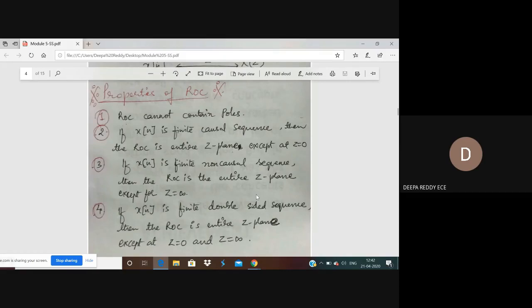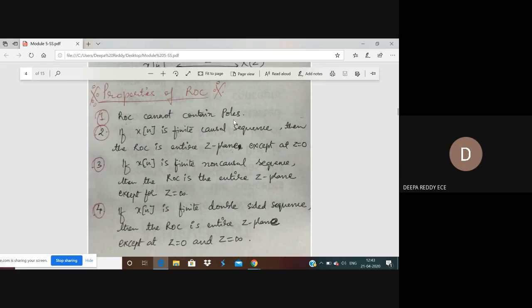In the ROC, it should not contain poles. When I give you an expression Z by Z minus 2, the denominator ones are called poles and the numerator ones are called zeros. I will discuss this a little more with a generalized expression later on. But as such, when we have H of z equal to Z by Z minus 2, Z minus 2 means there is a pole at 2 and there is a zero at 0 itself.